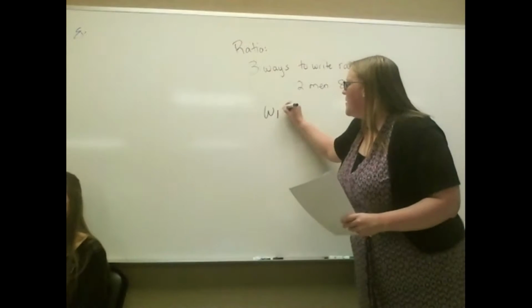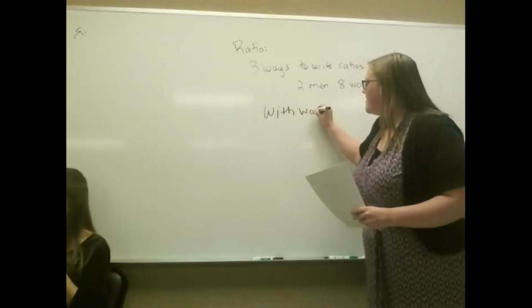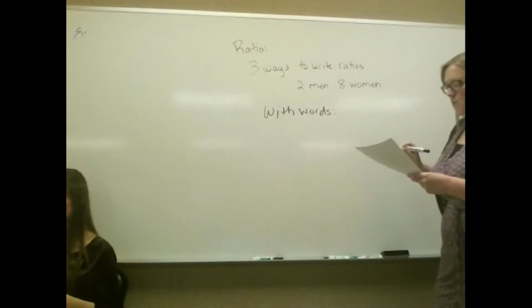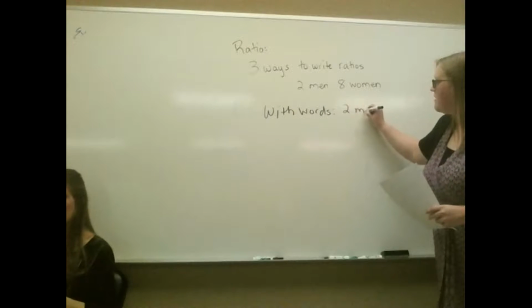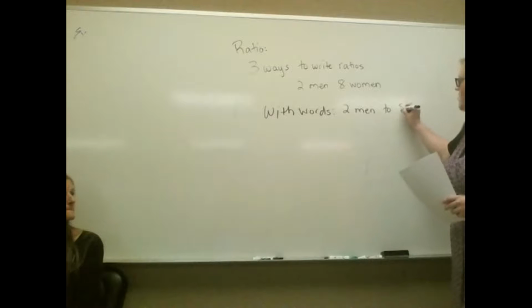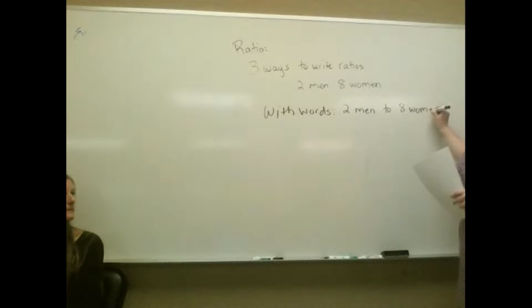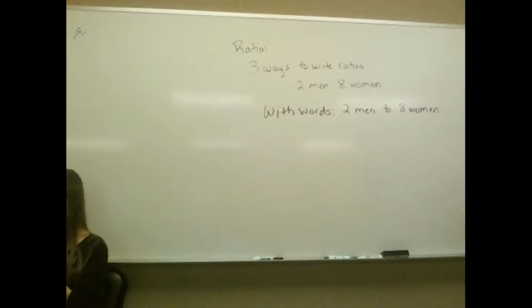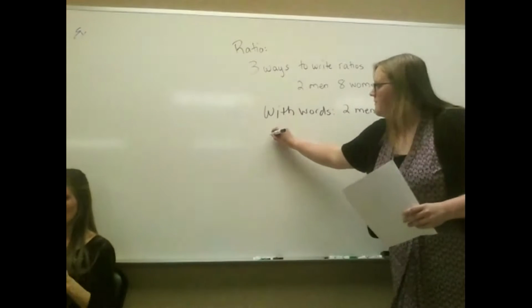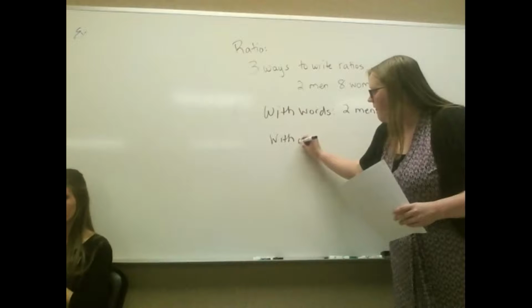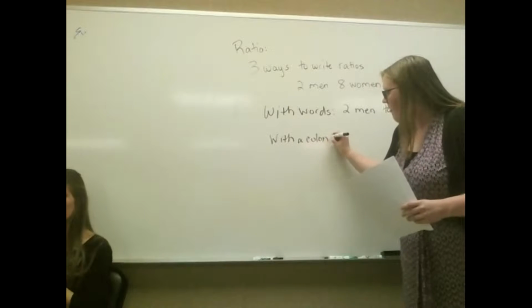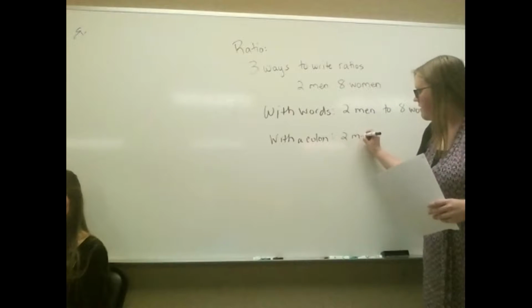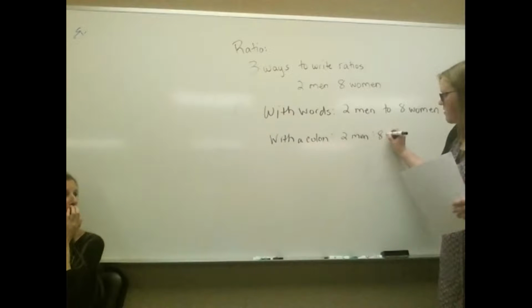All right, so we can write this with words. We would say that there are 2 men to 8 women. We can write this with a colon. So it'd be 2 men, 8 women.